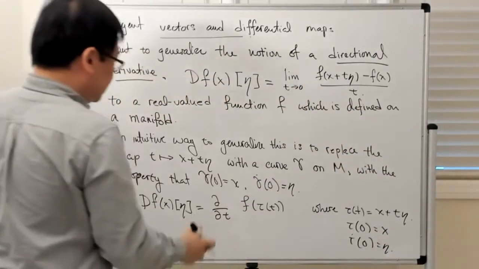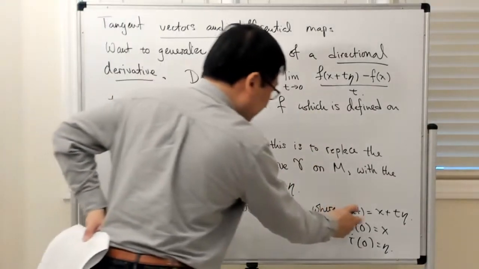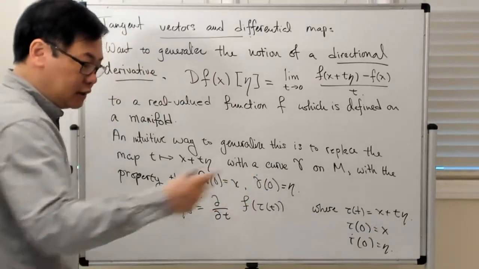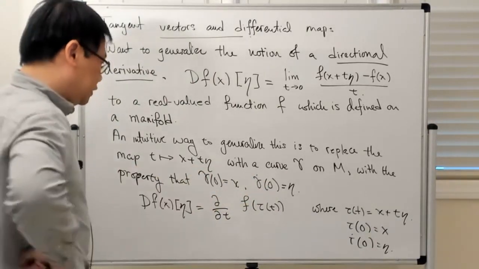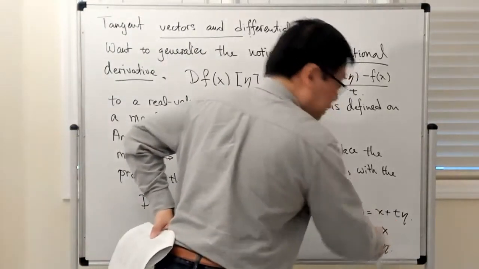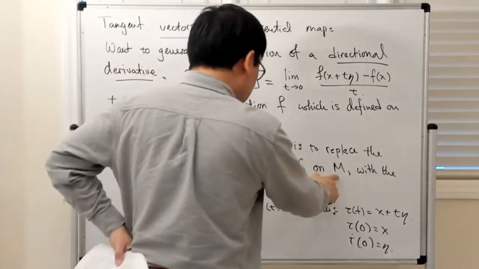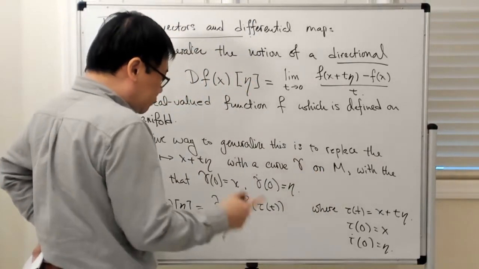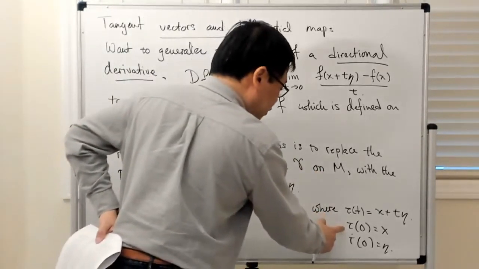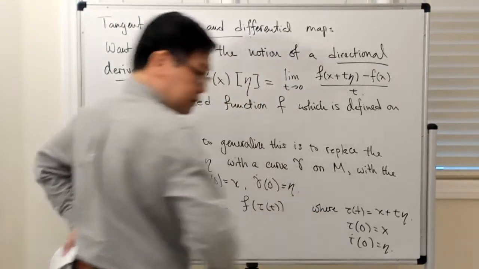Okay, so now we're trying to replace this very specific curve, which is obtained by moving at constant velocity in a particular direction. You can replace that curve now with some arbitrary curve in the manifold, but with still the property that the initial point is the base point and the initial velocity is the vector which you're working with.